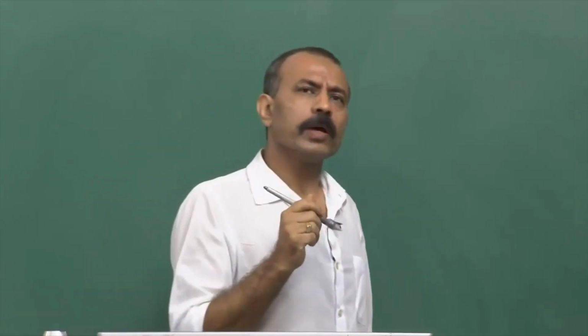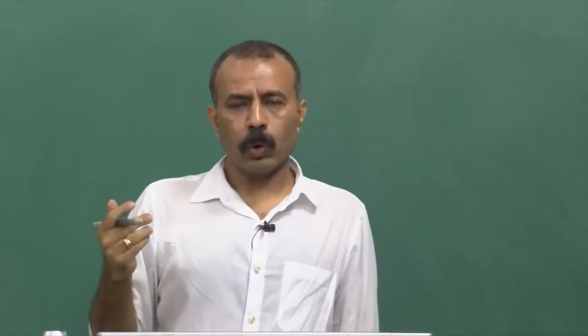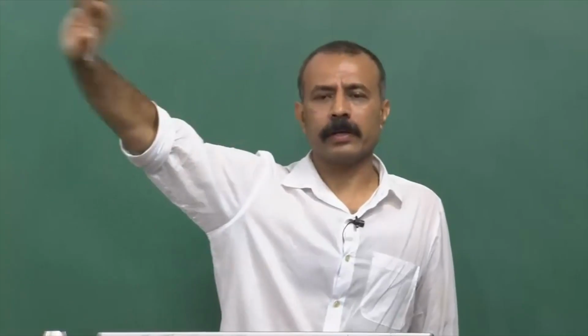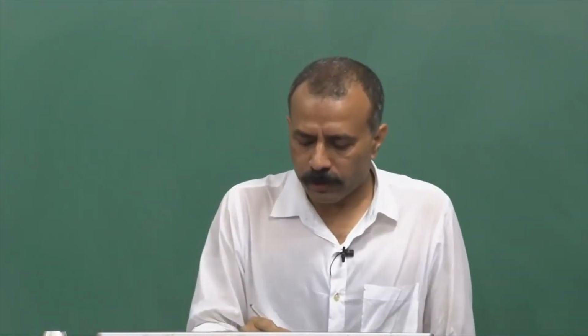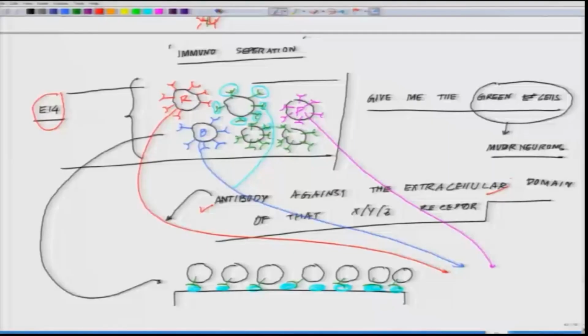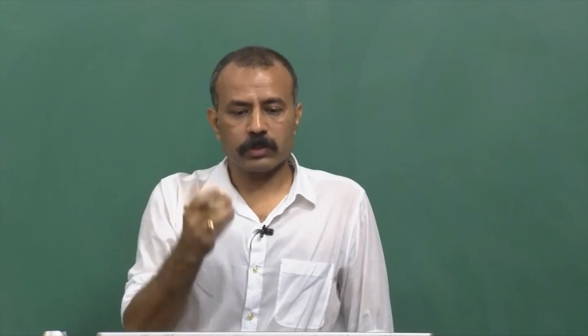Earlier to that, there was one gentleman, I have forgotten his name, who for a totally different reason, absolutely nothing to do with it, developed an antibody against the extracellular domain of it. And then there came a third person who had an idea about these two. What he did was create a test bed like that, and they could get all the motor neurons separated from all the rest. It is a very smart technique.